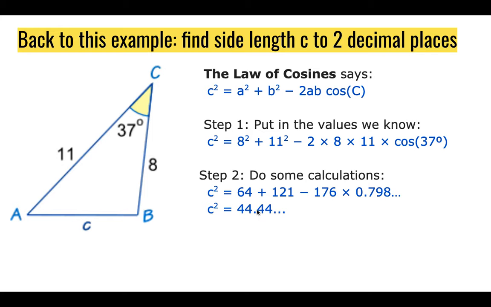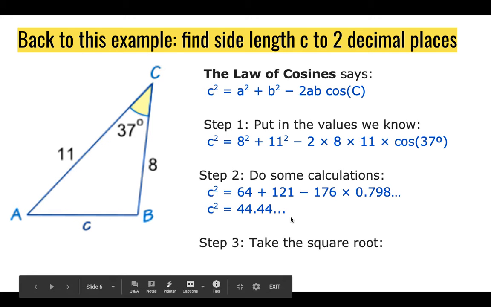So I get 44.44. If you have one of those really nice calculators that you can just put all this in at the same time, go ahead and try it, but just make sure that you're getting the right answers that I'm getting here, okay? Now, don't forget, this is c squared is equal to 44.44, and it kind of goes on.